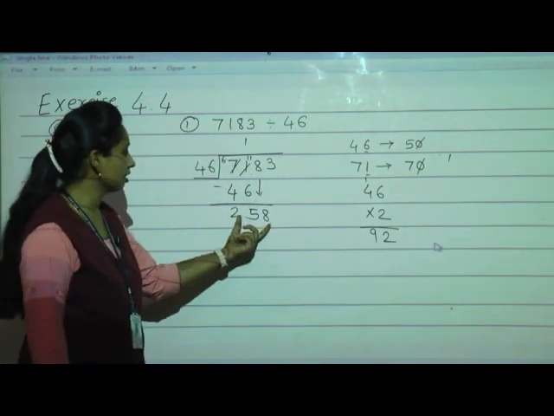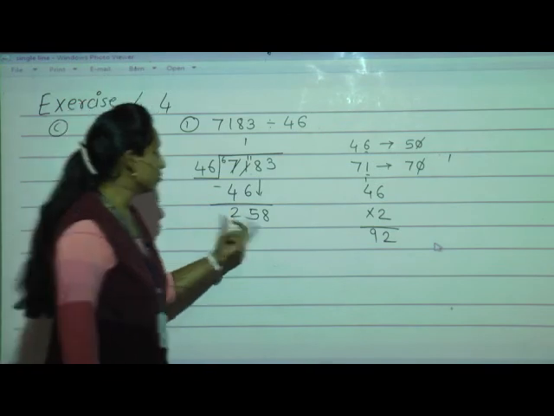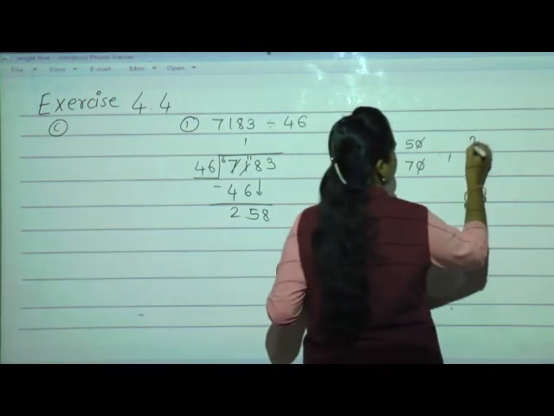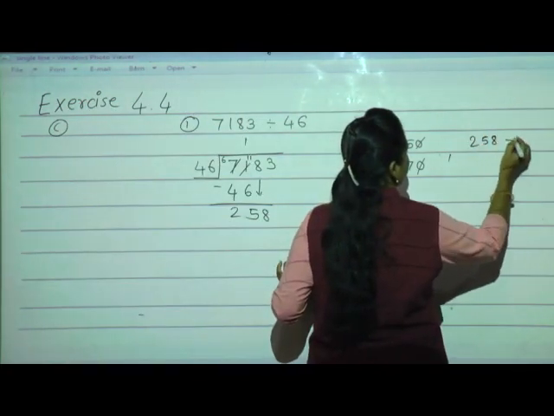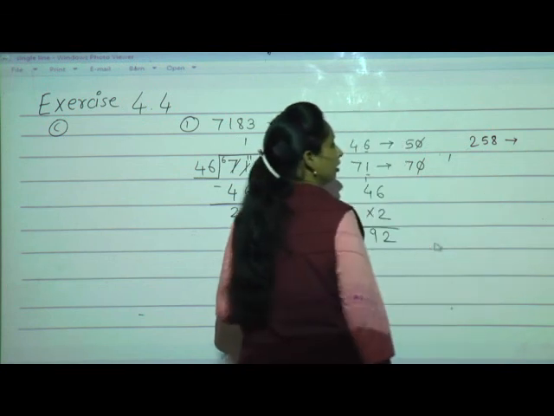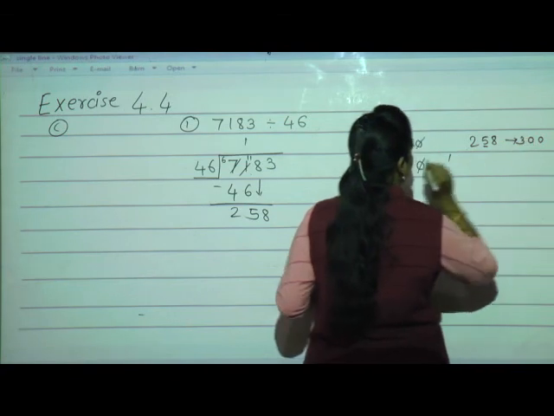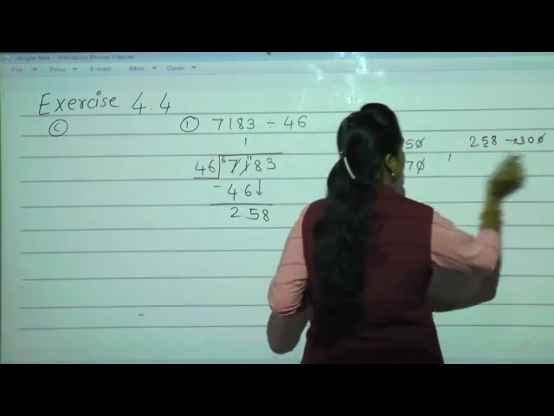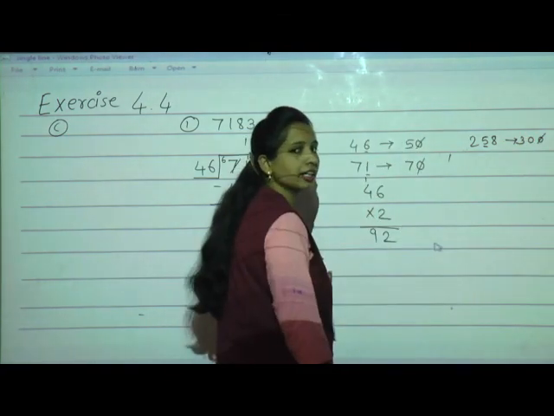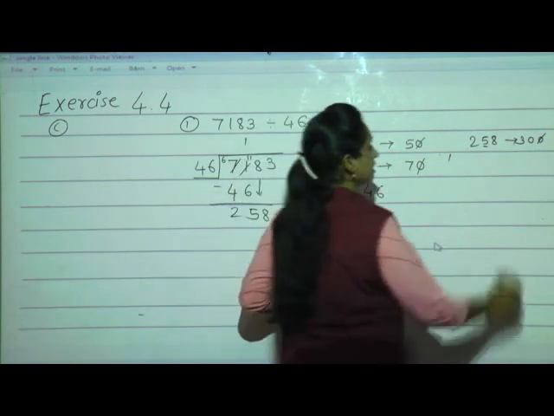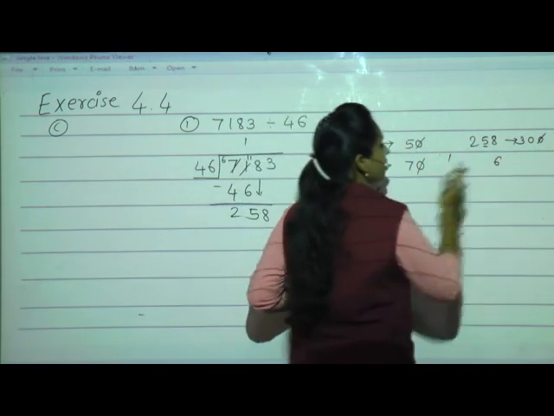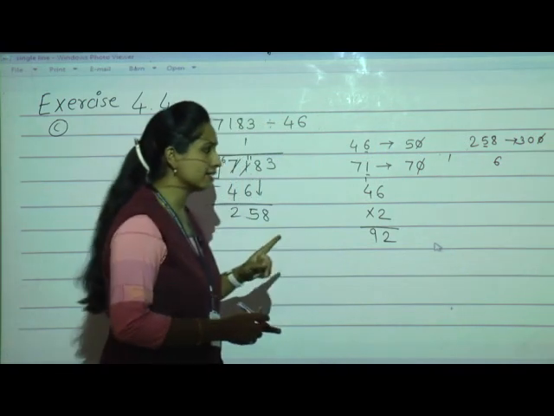Okay. Now we will see this number 258. What is the rounding number? Nearest 100? 300. Okay. Now cross the 0s. How many times 5 in 30? 5 6s are 30, isn't it? So what is our estimated quotient? It is 6.